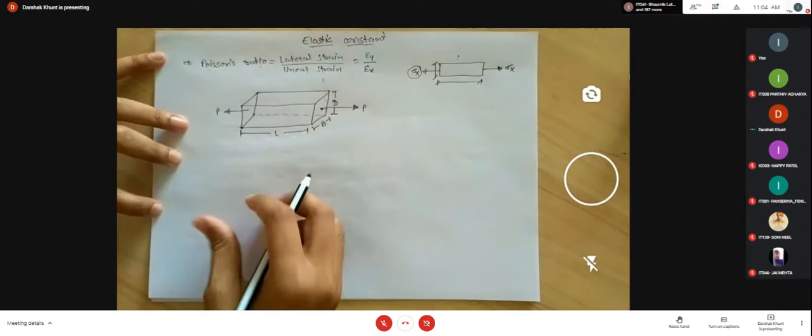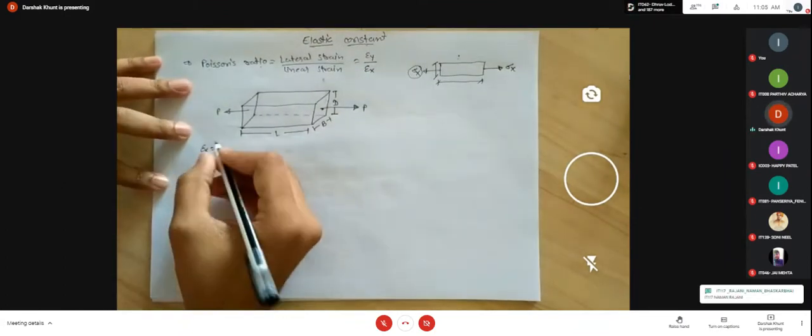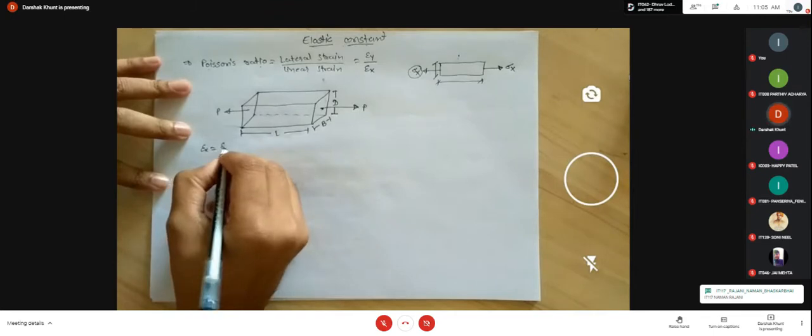So here the strain in the x direction is defined by change in length by original length.